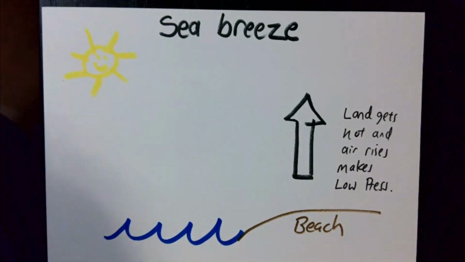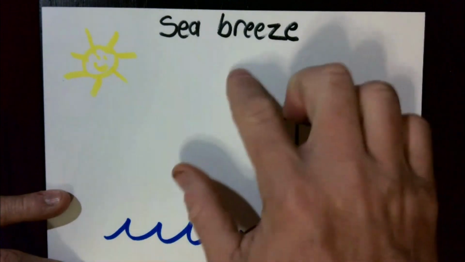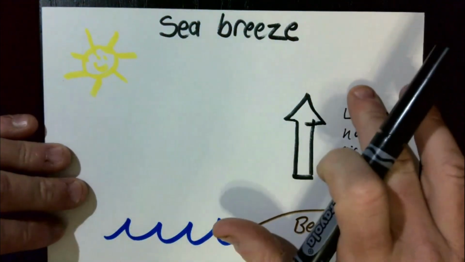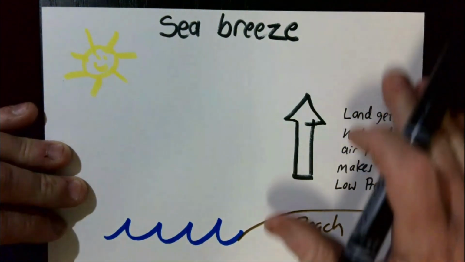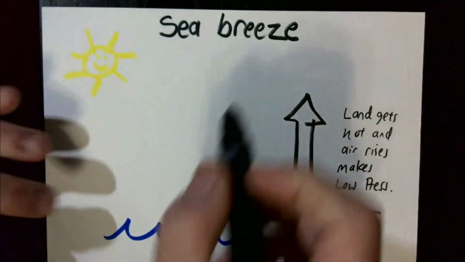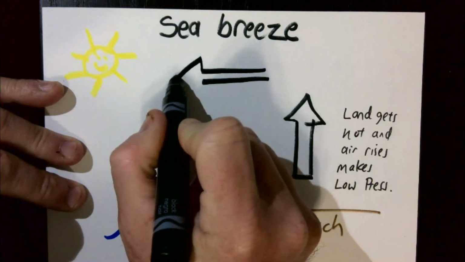But the air can't go up for an infinite distance because gravity still works. So it wants to get up here and it wants to spread out. It wants to move apart. And it has a hard time moving inland because there's more land over there and more air still trying to go up over here. So what happens is our air does this.